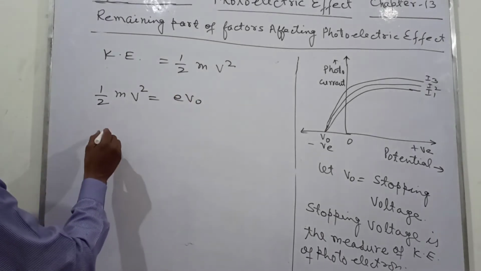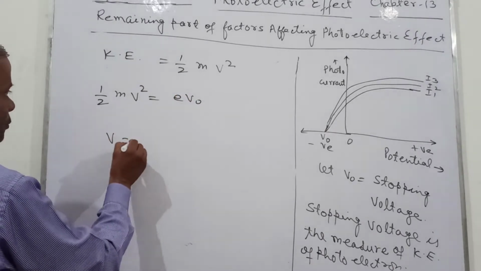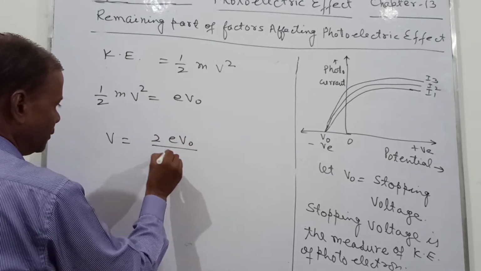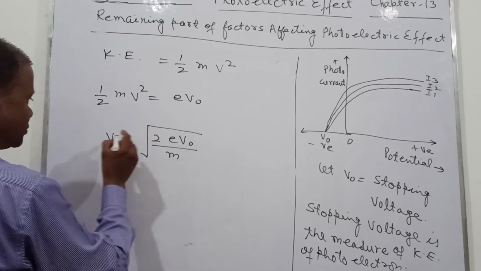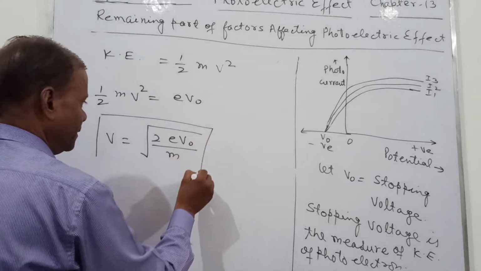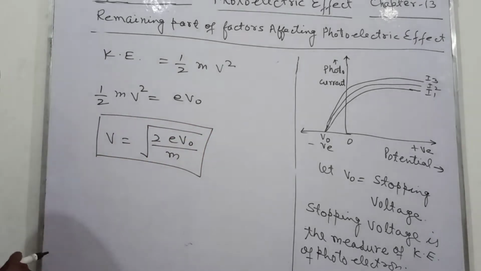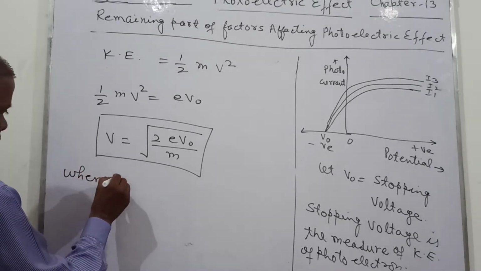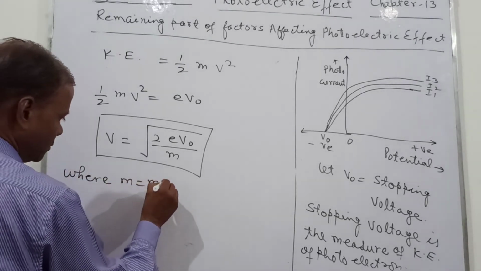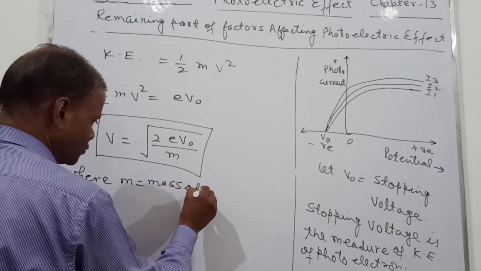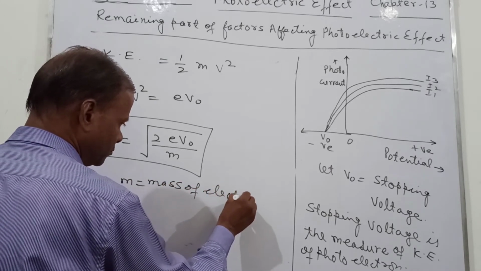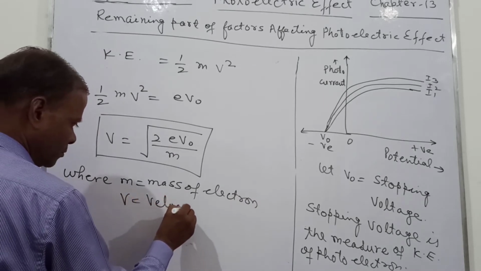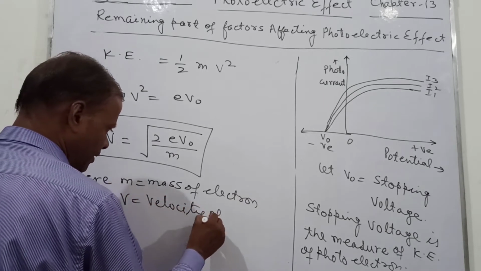So we can calculate the velocity v equal to square root of 2eV0 upon m. Here m is the mass of the electron and v is the velocity of the electron.